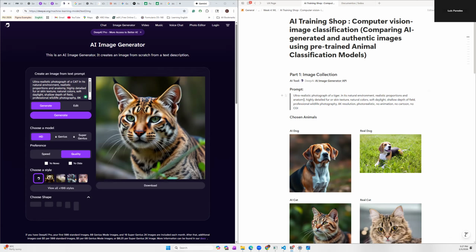It's an ultra realistic photograph of the animal that you pick in its natural environment, with realistic proportions of anatomy, and so on.